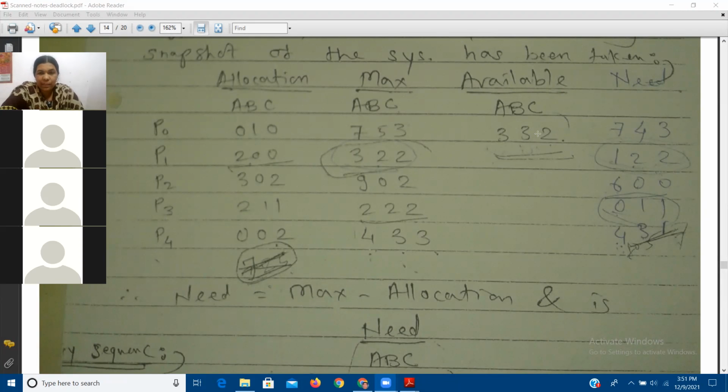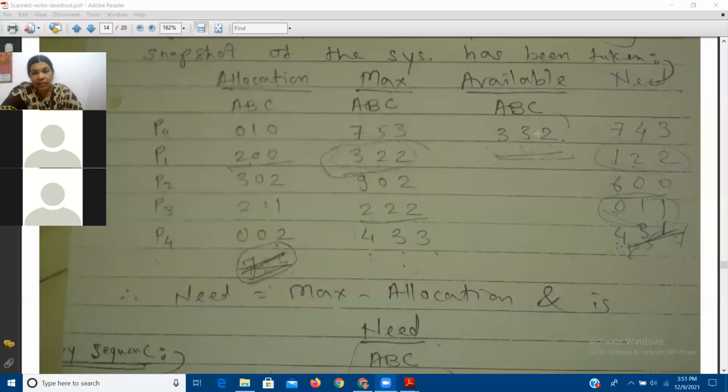Take any process from this example and divide that process need into maybe 1 request, 2 requests or 3 requests. It depends upon you. If we divide it into 2 requests, that process will come 2 times in the sequence; if into 3 requests, it will come 3 times in your sequence, right? So divide depending upon the need, and accordingly solve that and calculate the safe sequence.